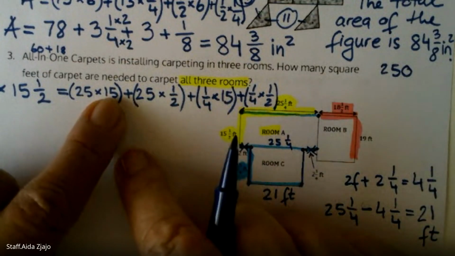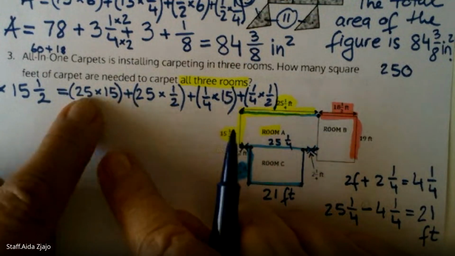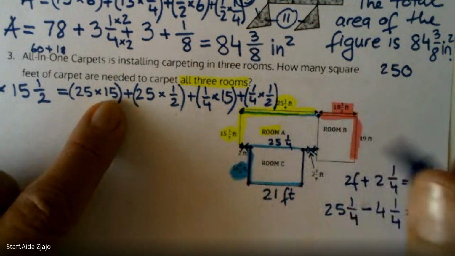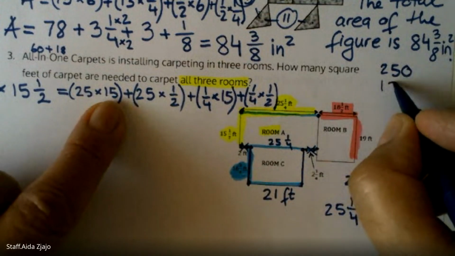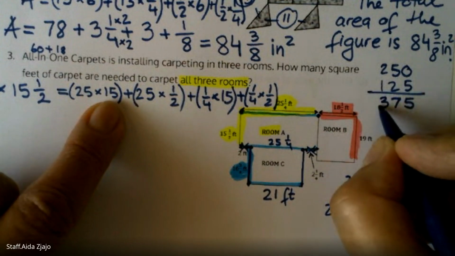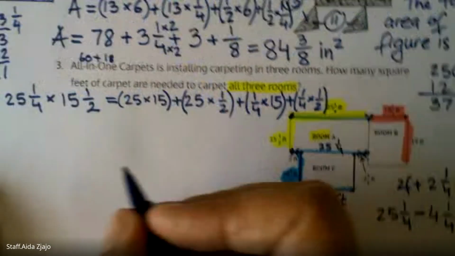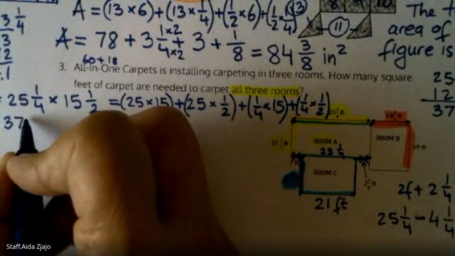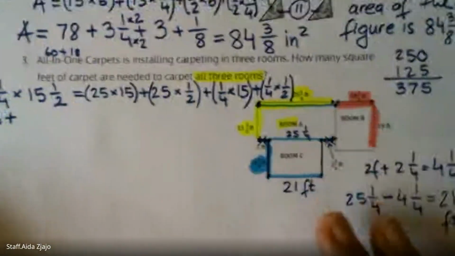You know that 4 25s is 100, so 5 25s needs to be 125. So that is 375. So I go back and write 375 plus.